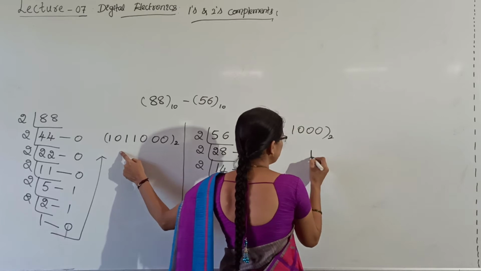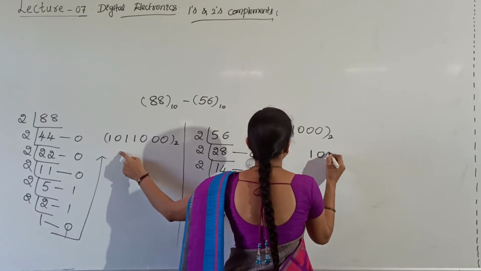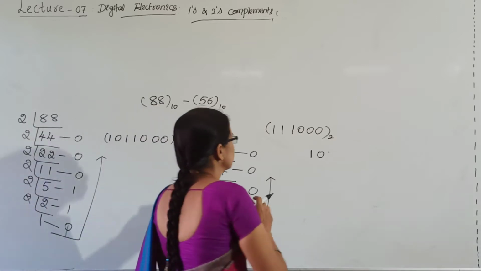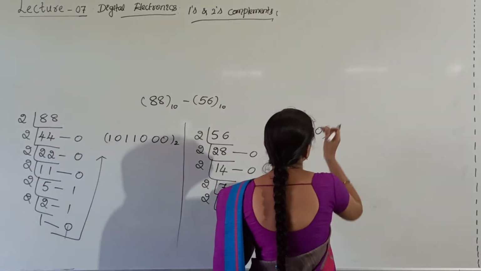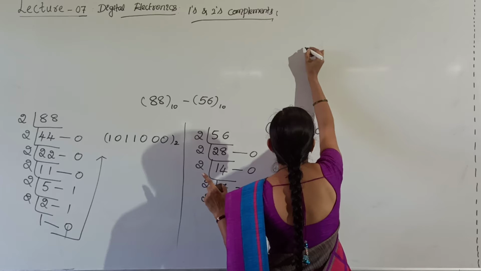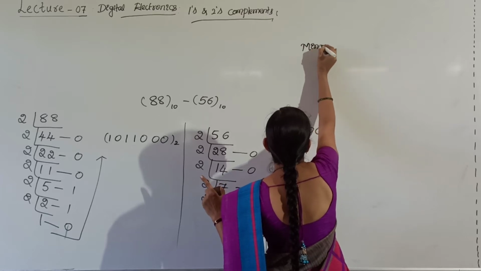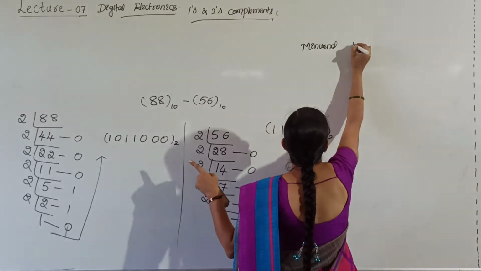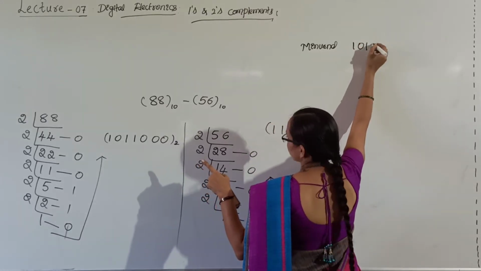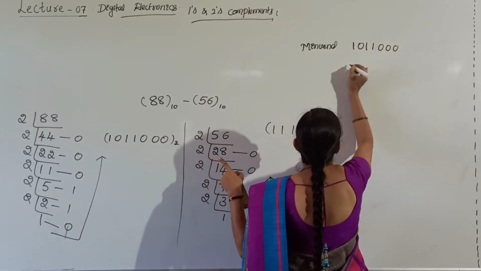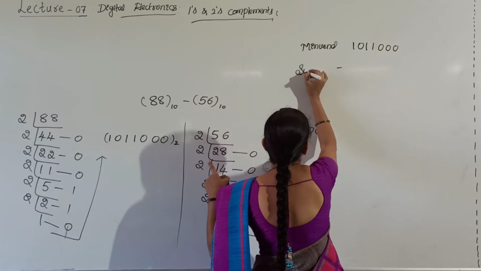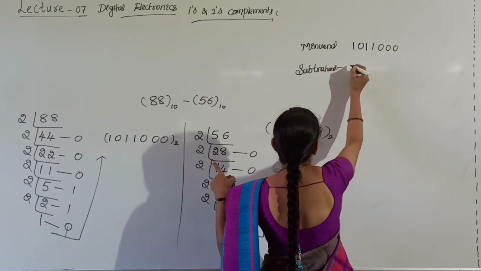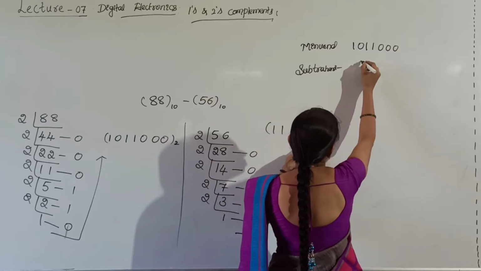Our minuend is 1 0 1 1 0 0 0. I will write it here. It's not compulsory to write minuend and subtrahend labels, just 1 0 1 1 0 0 0 minus the subtrahend, 1 1 1 0 0 0.